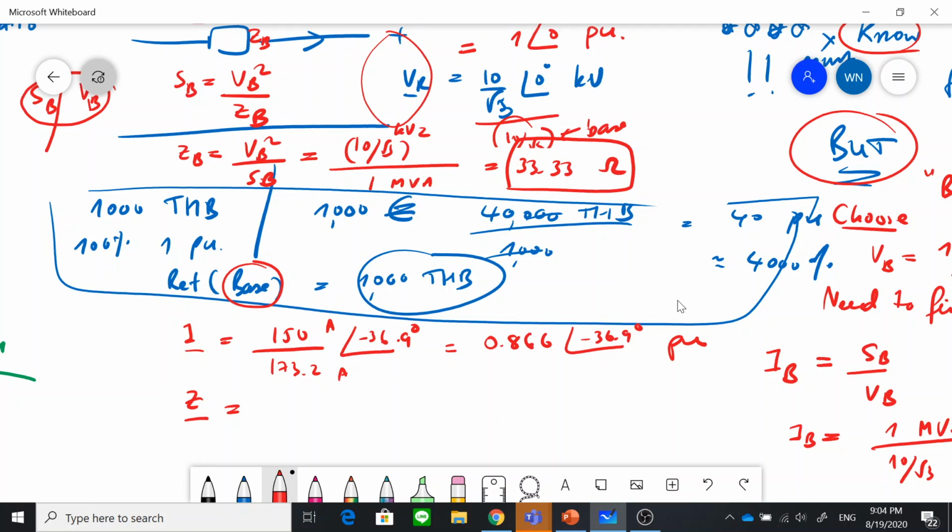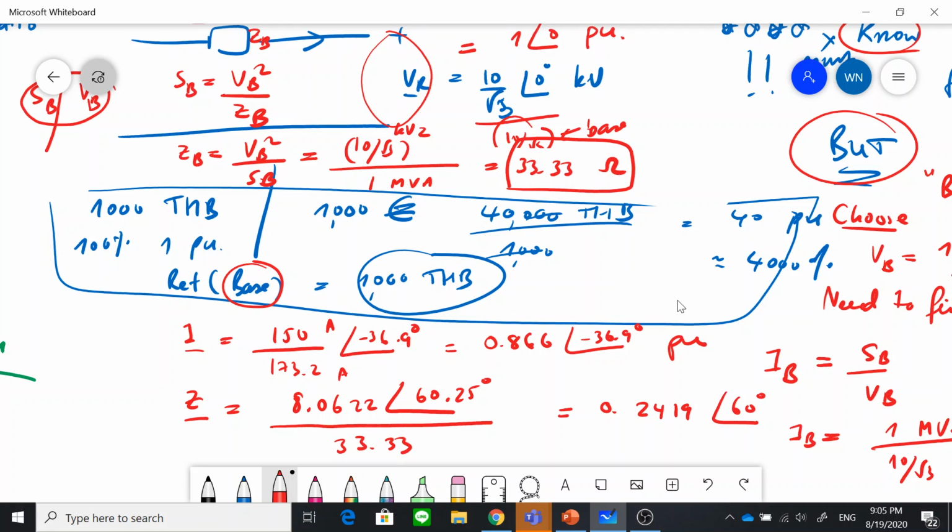From the previous calculation, the 4 plus j7 ohm is equivalent to 8.0622 at an angle of 60.25 degrees. This is the actual value divided by the base, which is 33.33. That becomes 0.2419 at an angle of around 60 degrees, and this is in PU.